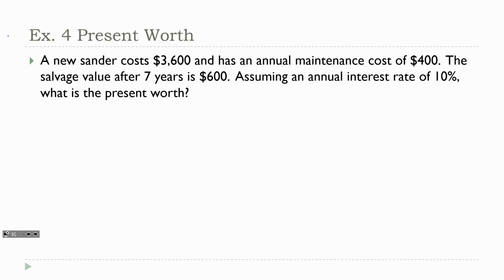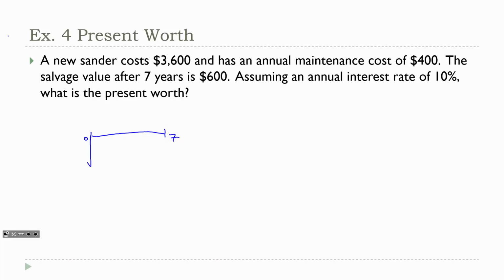So a new sander costs $3,600 and has an annual maintenance cost of $400. The salvage value after 7 years is $600. Assuming an annual interest rate of 10%, what is the present worth? So we have 7 years. The 3,600, where does that go? Up or down?